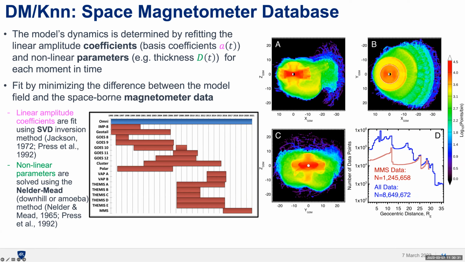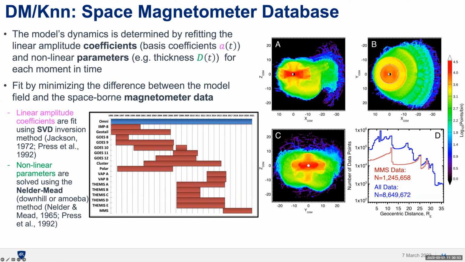And the way we fit the data is the linear amplitude coefficients are fit using the singular value decomposition pseudo-inversion method, which is quite frequently used in magnetometer data. And then to fit the nonlinear parameters, we use the Nelder-Mead downhill simplex method.